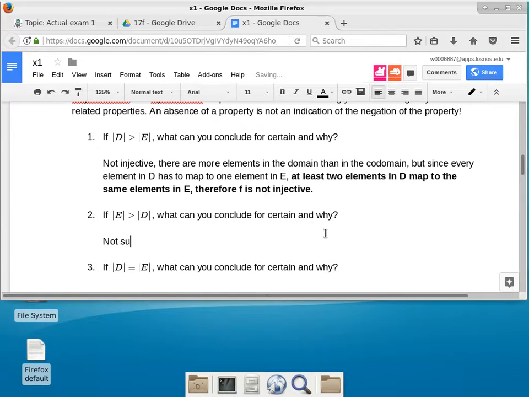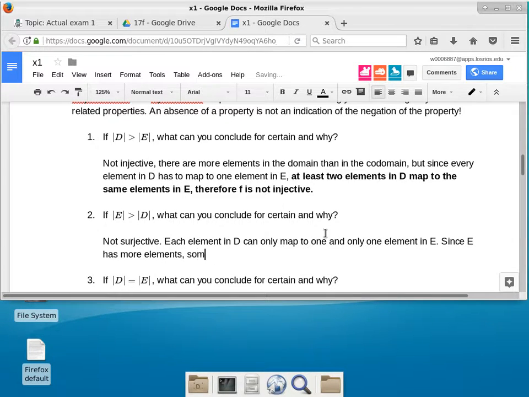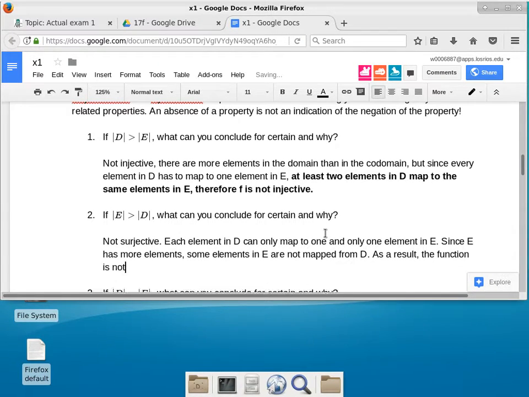Not surjective, okay? That's because each element in D can only map to one and only one element in E. Since E has more elements, some elements in E are not mapped from D. As a result, the function is not surjective.